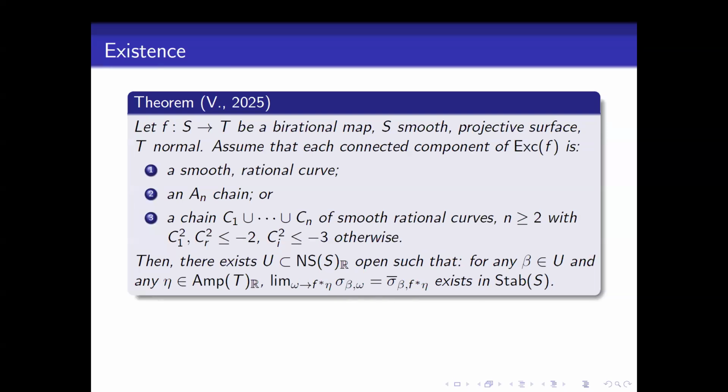And also this includes cases where the singularities are cyclic quotient singularities, but with multiple irreducible components. Not all of them, sadly, but infinitely many of them. For instance, if the coefficients are all at least 3, that's completely fine.